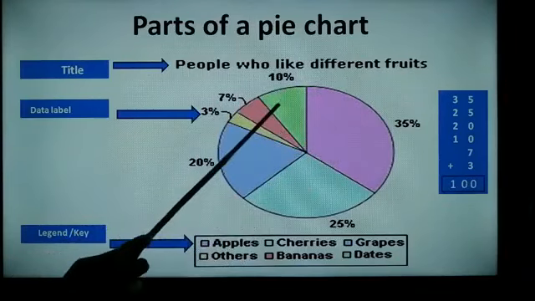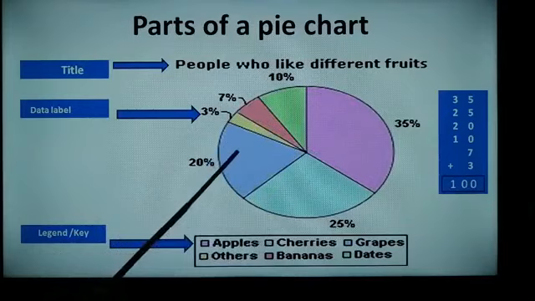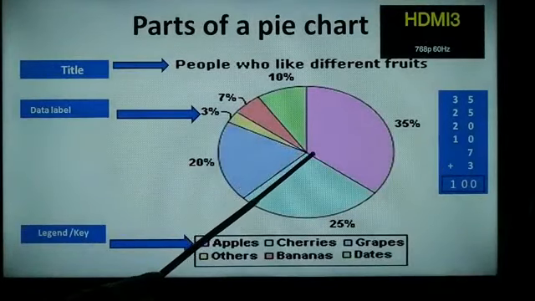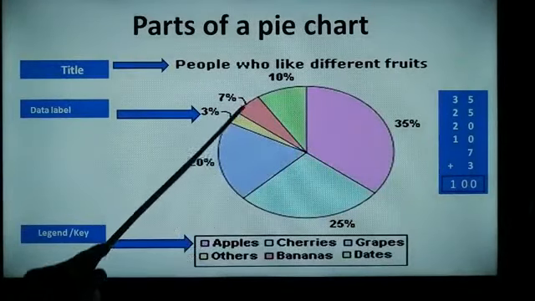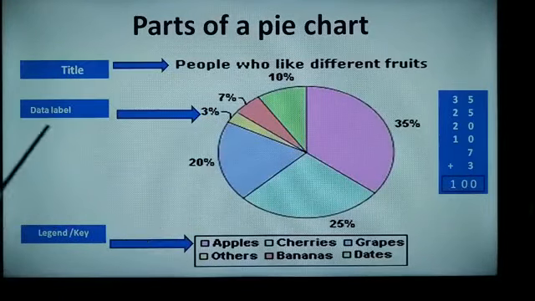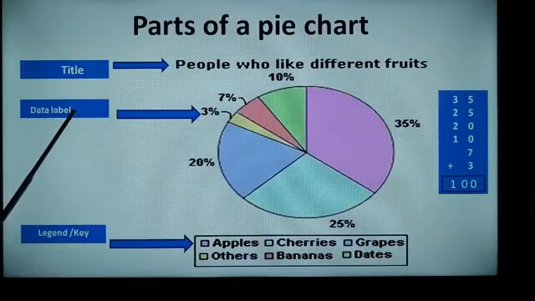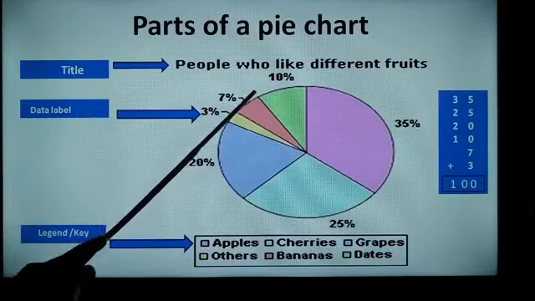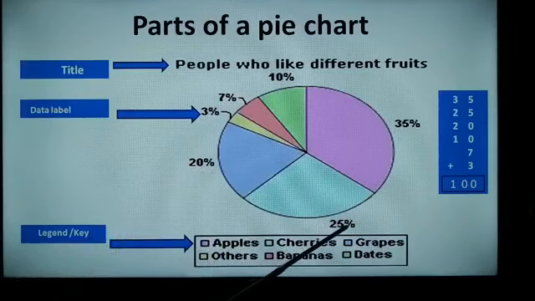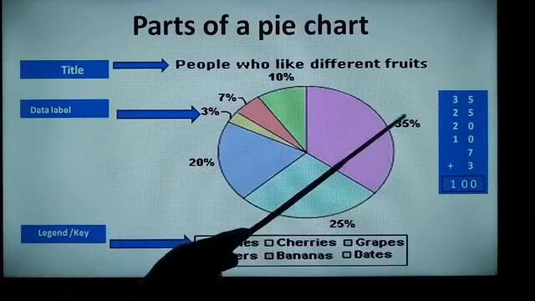The survey or data is given here about different types of fruits and how many people like it or not. That is the first one, title. Second one, data label. Data label means the numerical value. Here check 10%, 7, 3%, 20%, 25% and 35%.